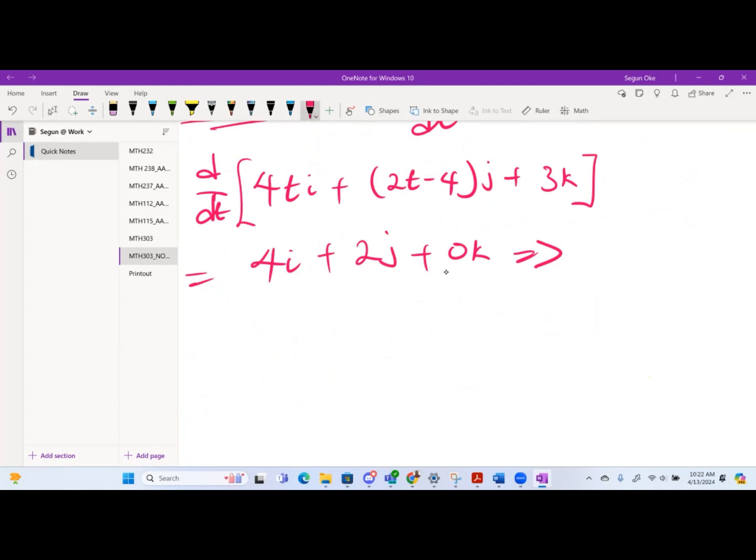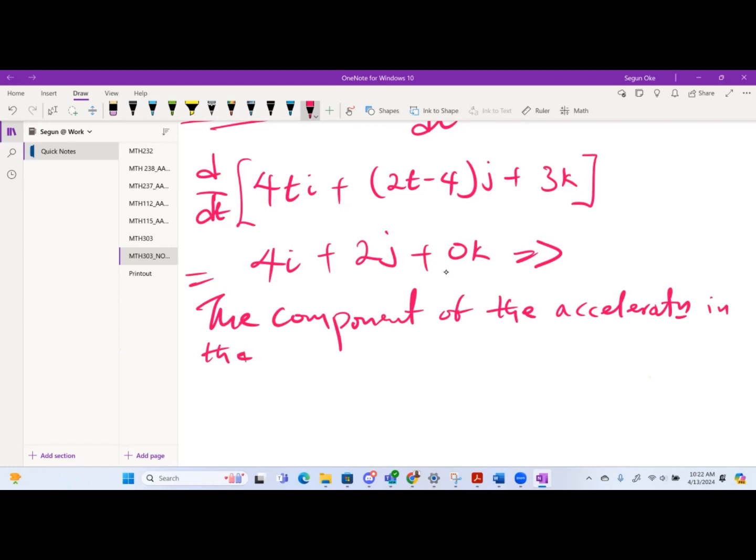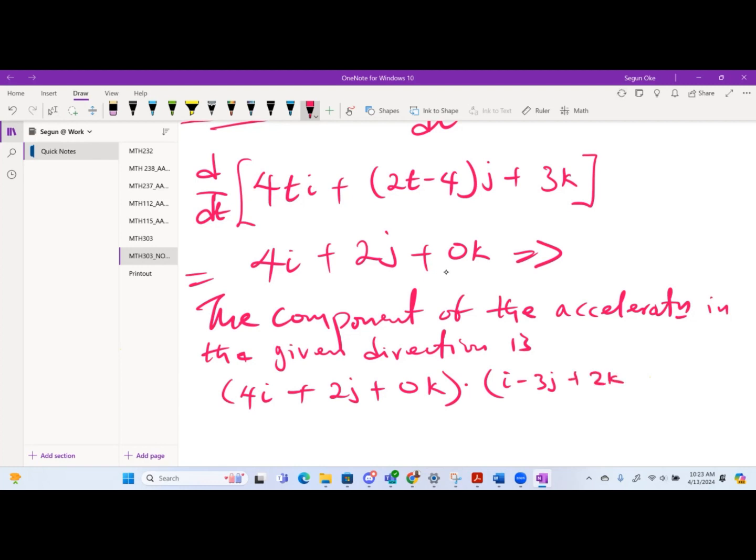That is, the component of the acceleration in the given direction is 4i plus 2j plus 0k dot, the unit vector, which is i minus 3j plus 2k, everything divided by square root of 14.